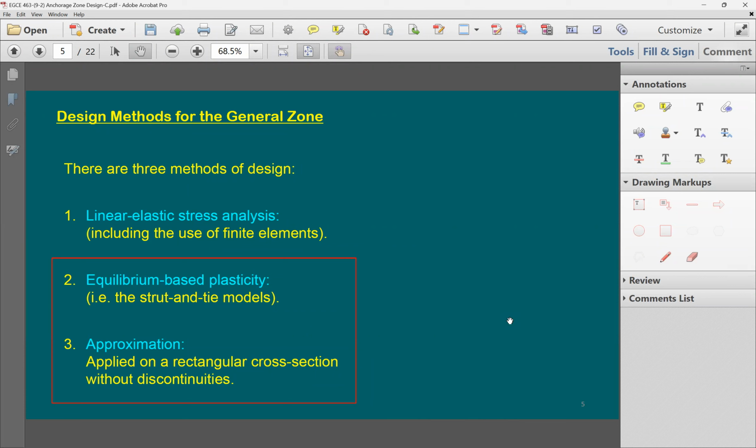When it comes to our project, certainly I'm going to be using this approximate method. Also in the final, this is going to be the method to use. It's very important that you understand where these two methods are coming from. Also in your project, you're going to be doing this linear elastic stress analysis.